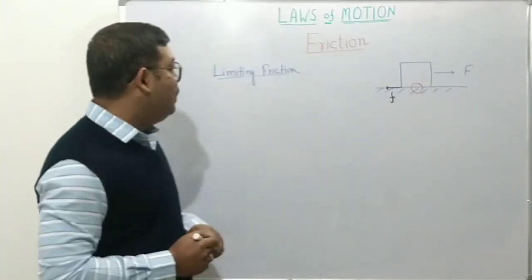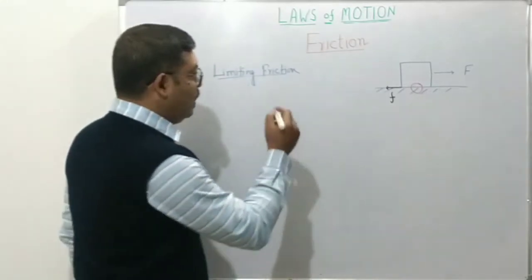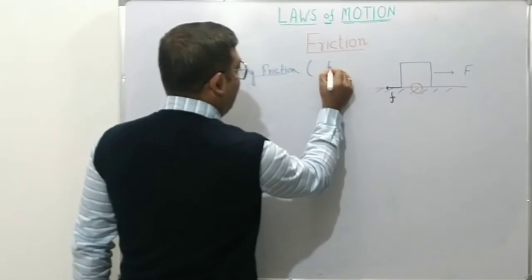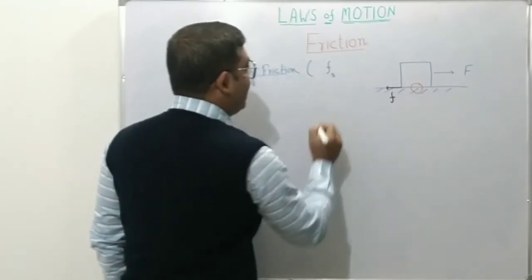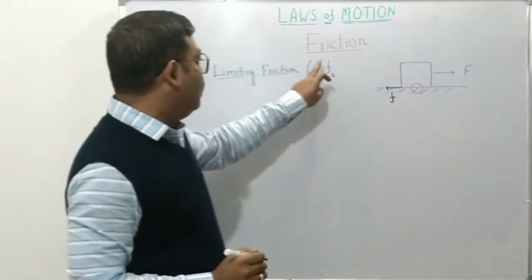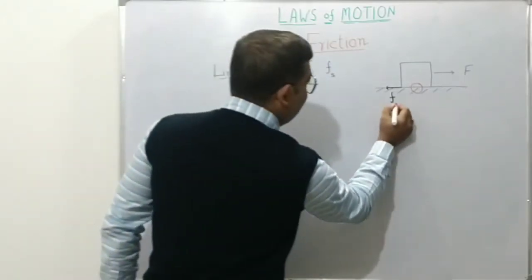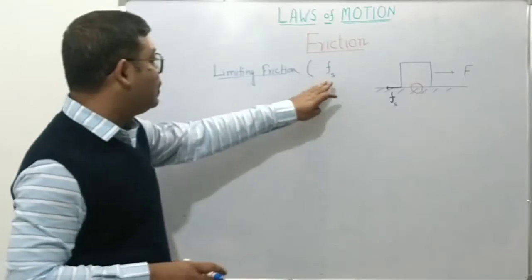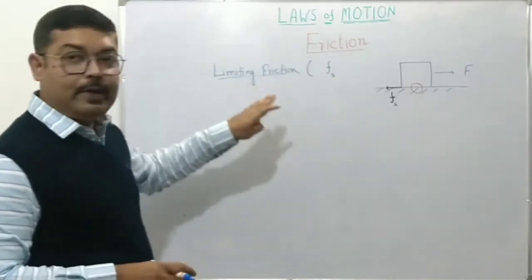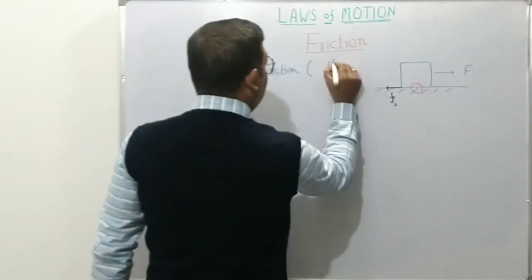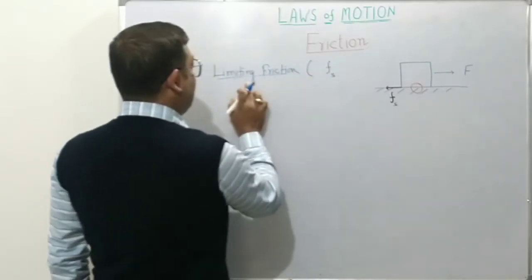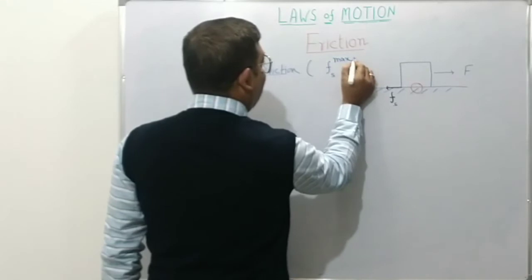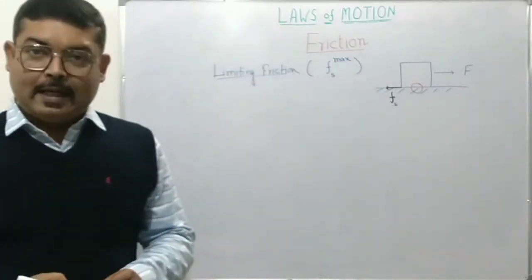We call this Fs, for static, force of static friction, and it's a self-adjusting force. The maximum value of static friction is known as the limiting friction, so we denote limiting friction by this, the maximum value of static friction.